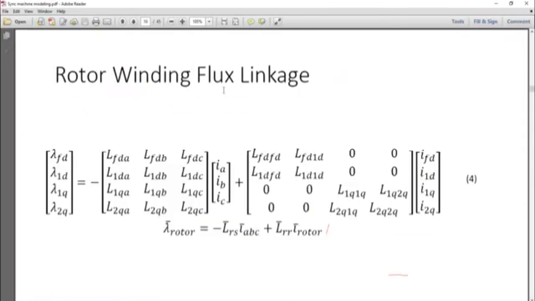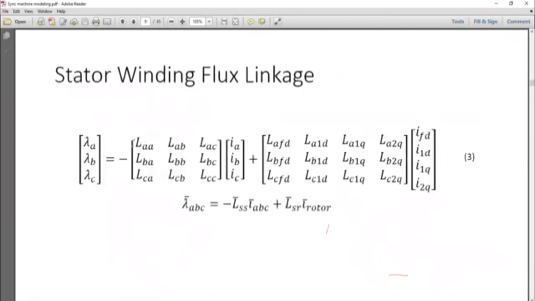LAA, LAB, LAC, all these 9 components you should be able to calculate. Inside this big matrix, there are 9 elements. I have only shown LAA, LAB, and LAC.